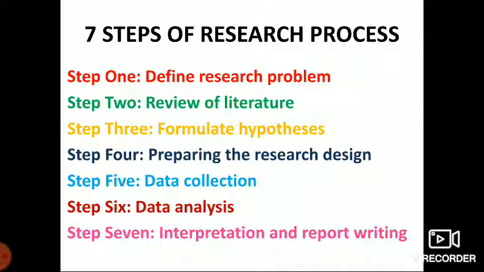After the problem is identified, we go for literature review. As I told you already, literature is past work which was conducted or published by other researchers or other people. It helps us to identify as well as give an idea about our problems. So these are the literatures we have to consider to get clarity about our research problem, and that is the second step.